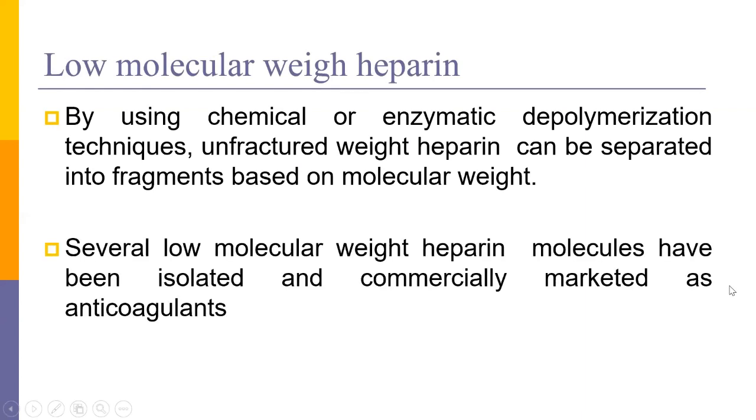So in that, we can get the low molecular weight heparins from the unfractionated heparins. Several low molecular weight heparins have been isolated and commercially marketed as anticoagulants. So several are now being marketed as low molecular weight heparins rather than the unfractionated heparins. We shall know why in the next slides.